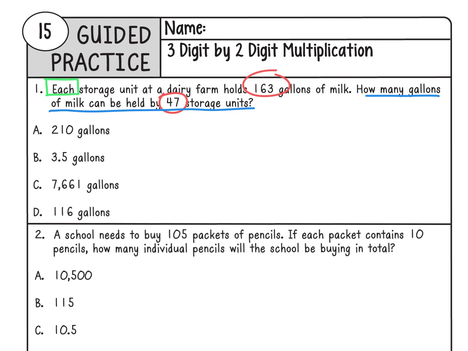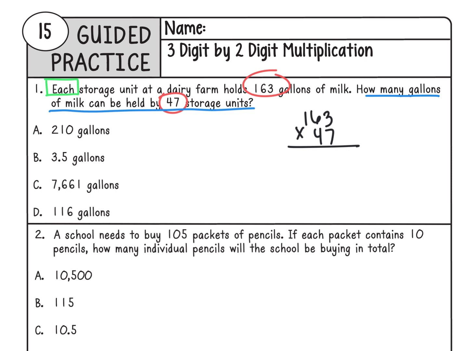I'm multiplying. So you have to look at the numbers given. It says how many gallons of milk can be held by 47 storage units. If I know that 163 gallons of milk is in 1 unit, and I want to know how many 47 can hold, then I have to multiply those together. So I'm going to do 163 times 47.